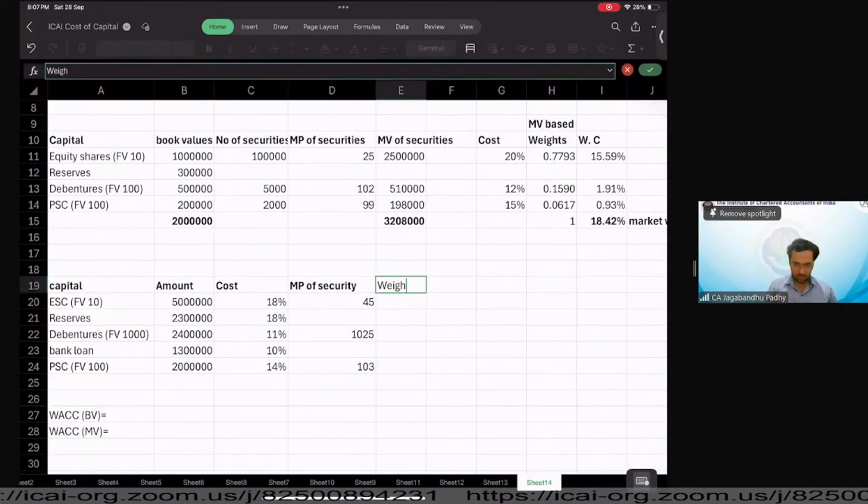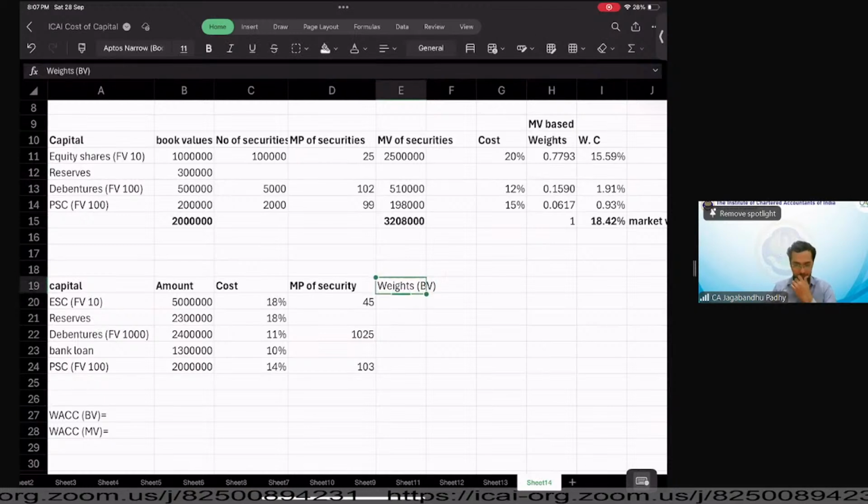I hope you would have got the weights already. Weights based on book value. Did we get the weights based on book value?